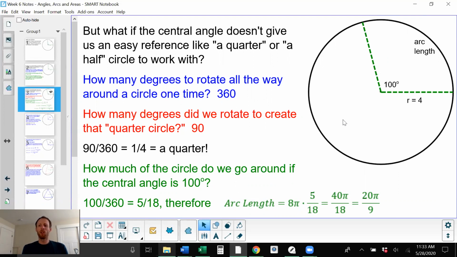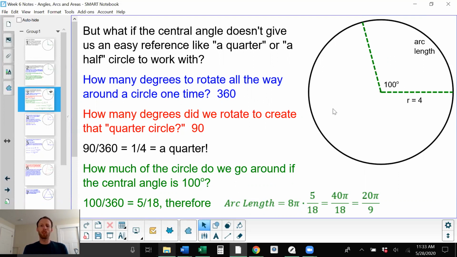Well, how much of the circle does this arc represent? How much of a full rotation does 100 degrees represent? It's 360 degrees to rotate all the way around, and this angle represents 100 degrees of rotation.